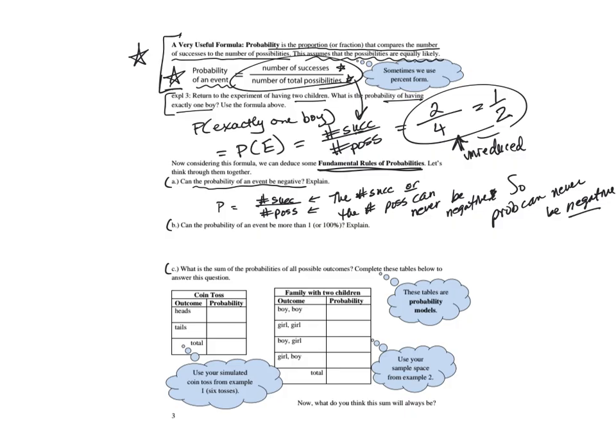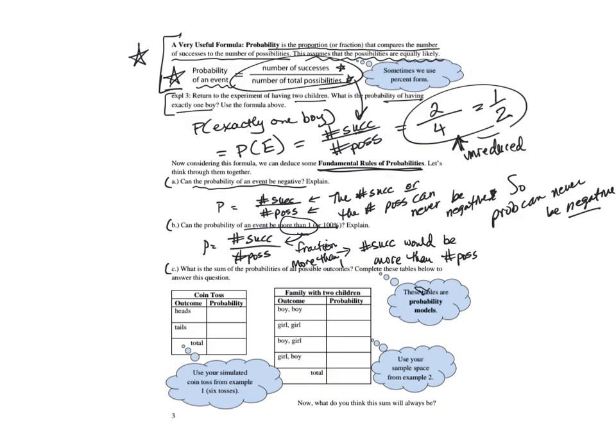Part B, can the probability of an event be more than 1? Think about that. Probability is number of successes over number of possibilities. So for this to be more than 1, think about it, it's a fraction that's more than 1. That would mean for the fraction to be more than 1 would mean the number of successes would be more than the number of possibilities.